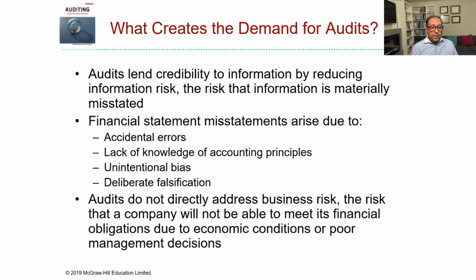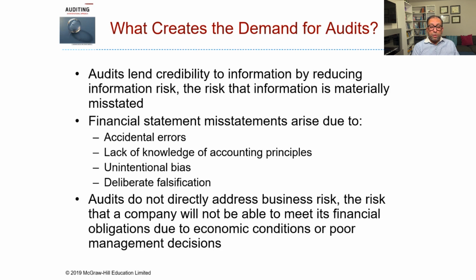Audits lend credibility to the information by reducing information risk, the risk that information is materially misstated. Financial statement misstatements arise due to accidental error. That is a possibility, and if the auditors point it out, that's a good thing. The second possibility of incorrect information is a lack of knowledge of accounting principles.